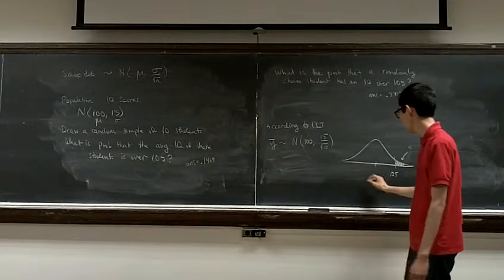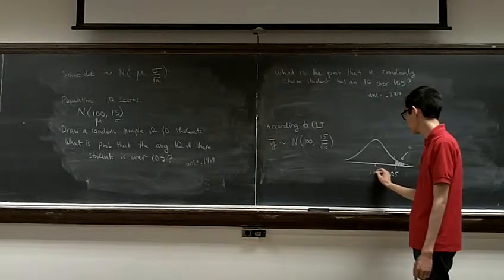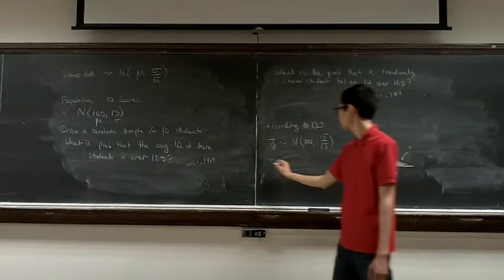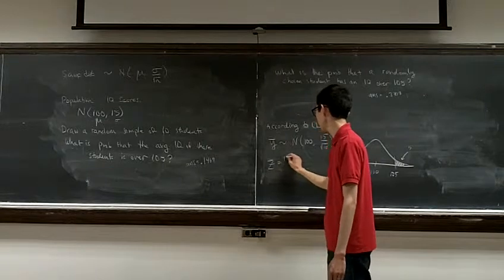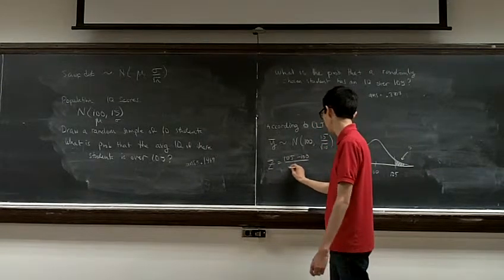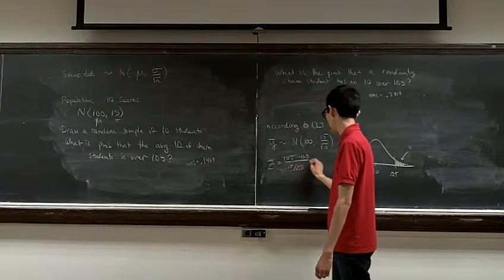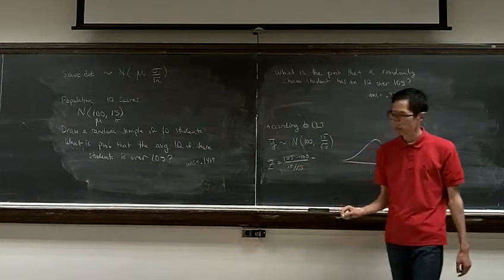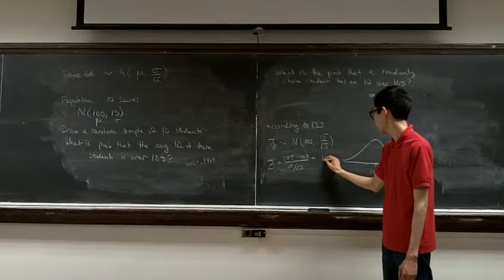Here my mean is 100, so my z-score is going to be 105 minus 100 divided by 15 over root 10, and I get positive 1.05.